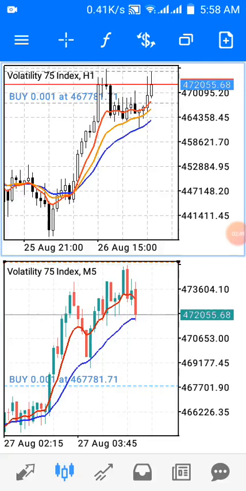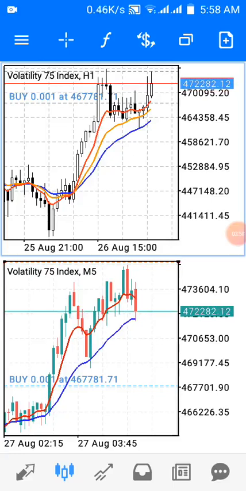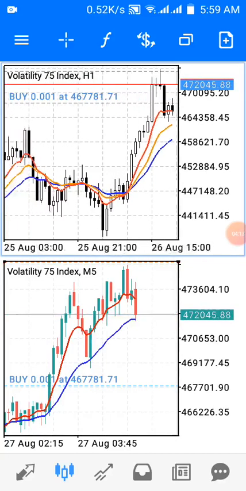So as soon as I have the trend on my upper window, with the higher time frame, 1 hour in this scenario, I then wait for the 5 minutes time frame EMAs to align in the same direction as the EMAs on the upper window.